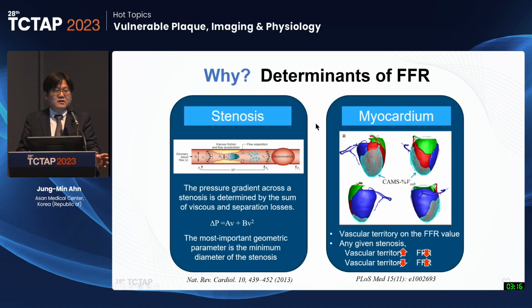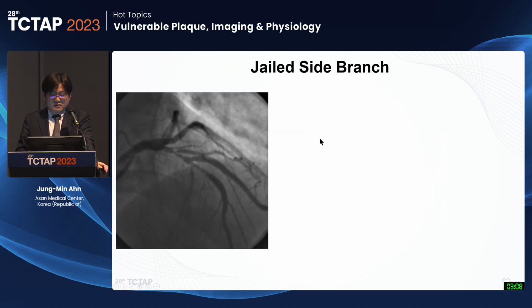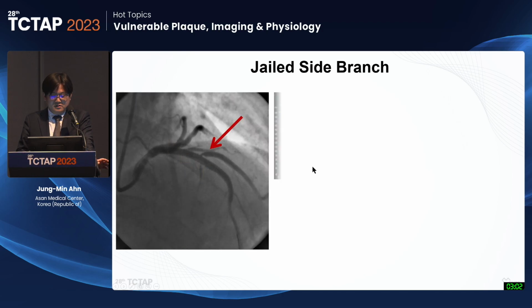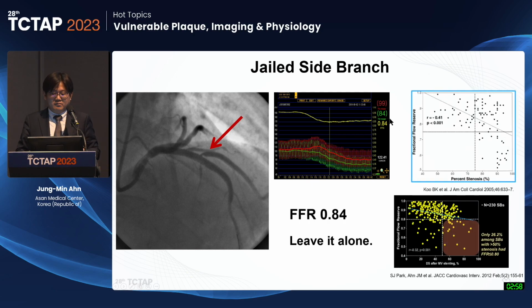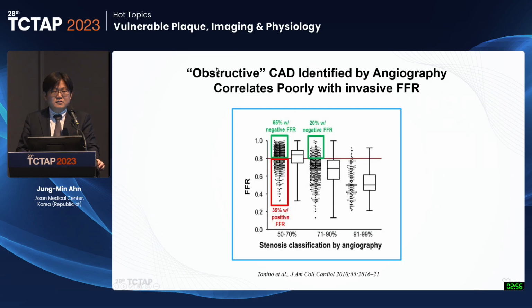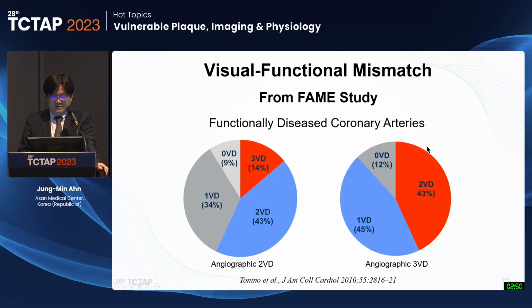In addition, coronary physiology is also determined by the amount of myocardium being supplied. So diameter stenosis is not enough. After crossover, there is a very tight stenosis, but we can guess the FFR is negative. You also well demonstrated this. So there are many visual-functional mismatches between the angiogram and the FFR.